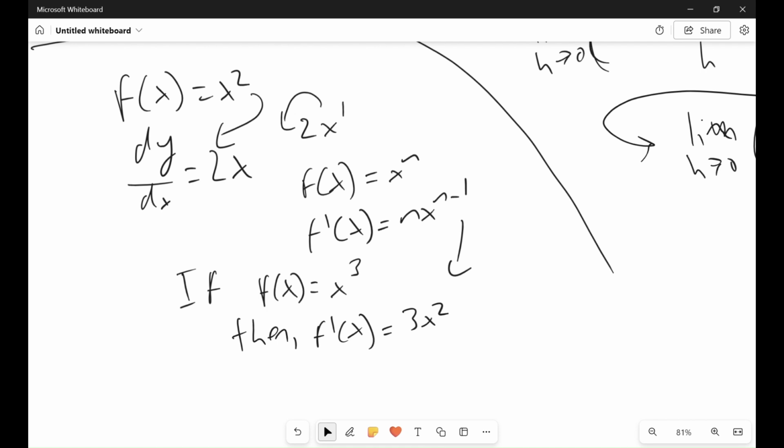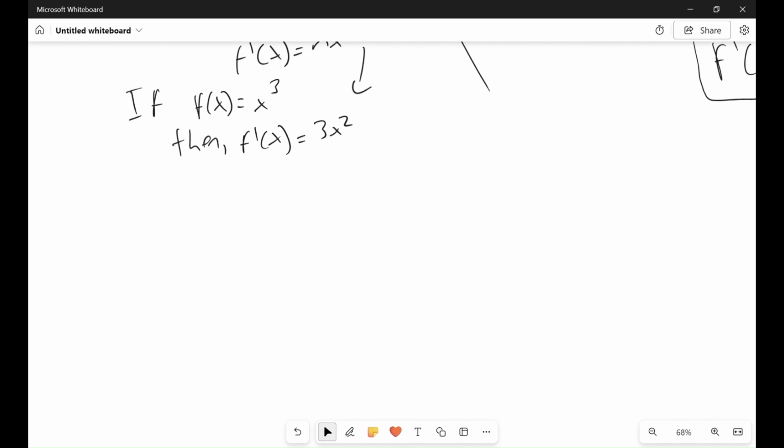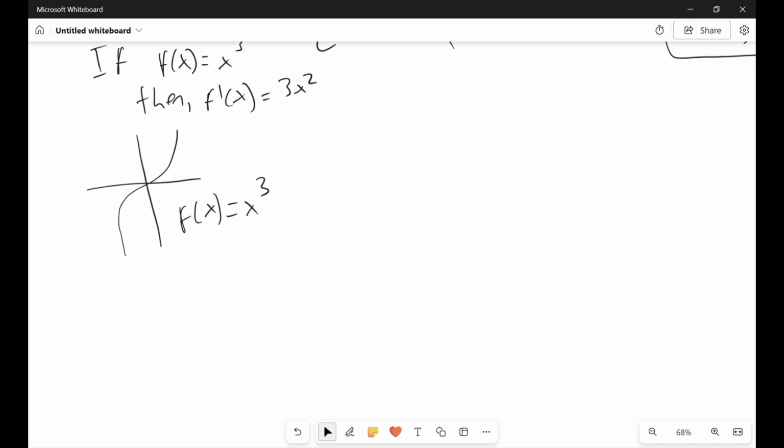So I guess we can try this. Let's give it a shot. Let's just draw a graph of it. So this is f of x is equal to x cubed. Perfect. And now we have to do our fun little limit nonsense.